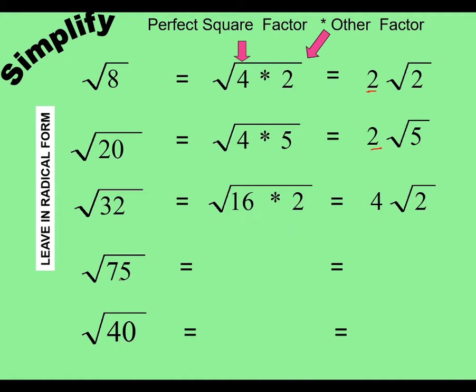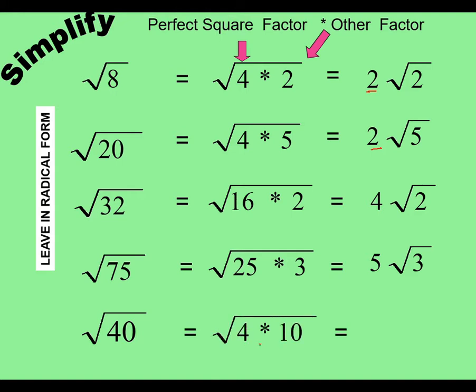About 75. So, obviously, ito ay 25. So, 25 times 3. So, square root of 25 is 5, square root of 3. Then, 40. Gaya ng sinabi ko kanina, mag-divide nyo sa 4. So, pwede 4 times 10. Sa 9. Sa 25.